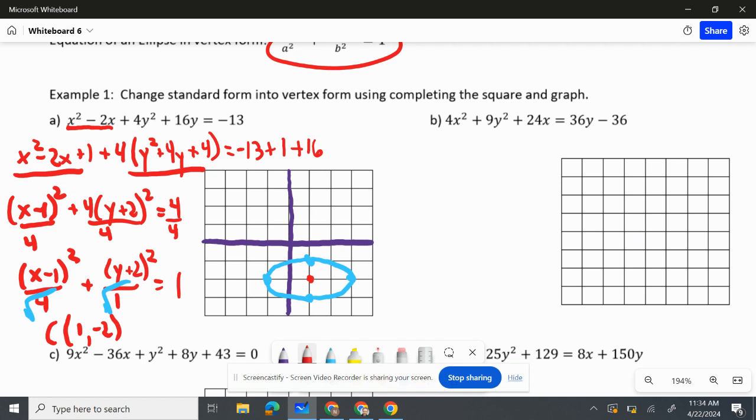So for the second one, we're going to do the same thing. I'm going to get the x's and y's in order. So I have 4x squared plus 24x plus 9y squared minus 36y equals -36.